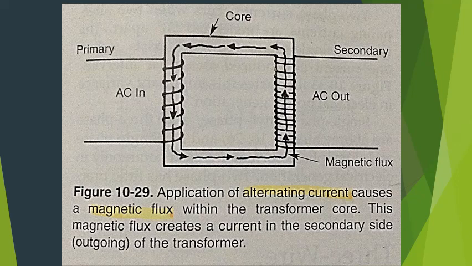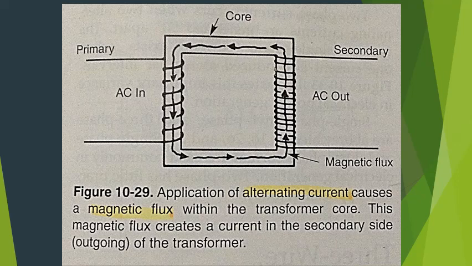The transformer rule, mathematically stated: the total voltage in the primary coil is to the total voltage in the secondary coil as the number of turns in the primary is to the number of turns in the secondary.